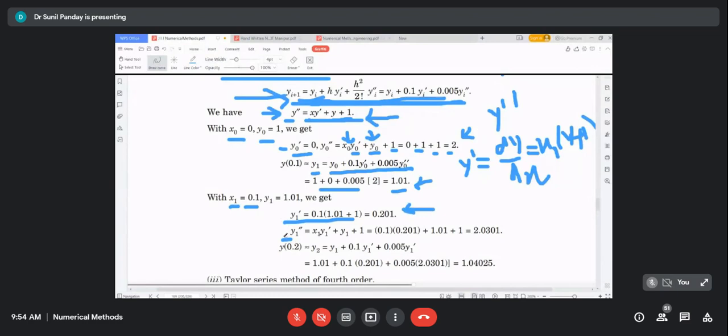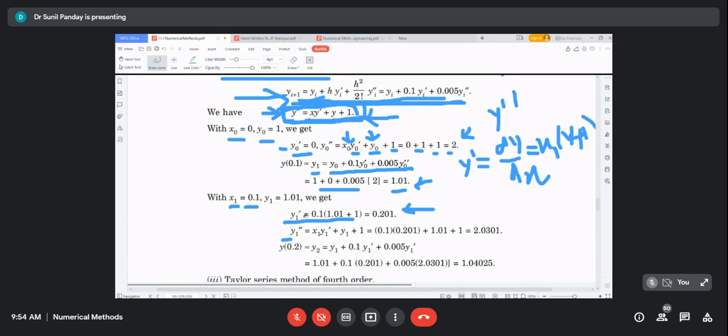Now we calculate y double dash at x equal to x1. So this is the form of y double dash x. Here I have to substitute everywhere x equal to x1. So x1 y1 dash plus y1, here meaning y at x1, plus 1.